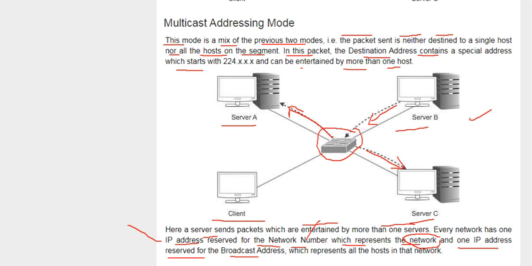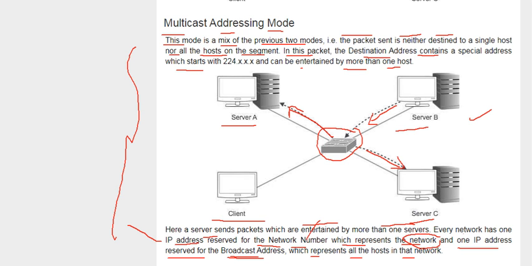So to identify each network, one IP will be reserved as a network number that represents the particular network, and one IP address is reserved as a broadcast address, which represents all the hosts in that network. So that is the simple working of this multicast addressing mode.